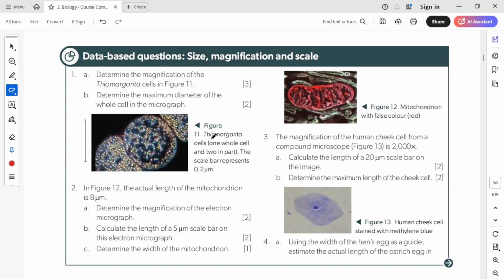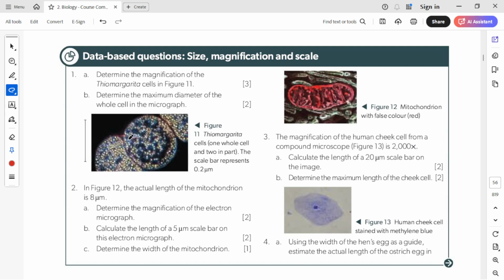So here are Thiomargarita cells, one whole cell and two in part. The scale bar represents 0.2 micrometers. So determine the magnification of the Thiomargarita cells in figure 1.